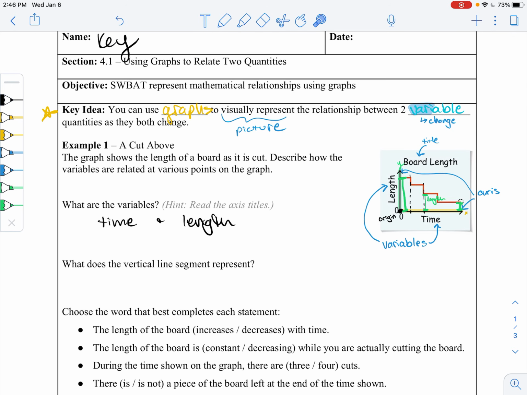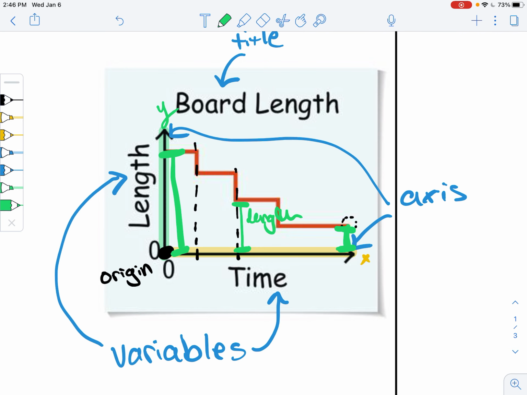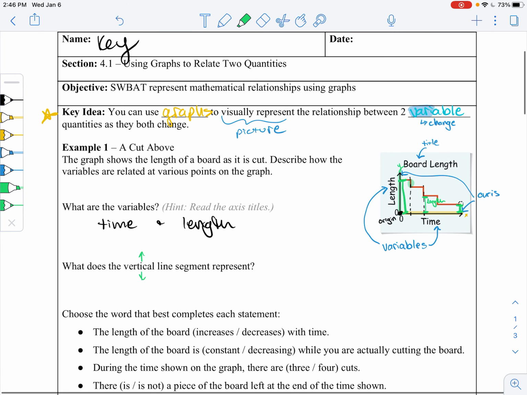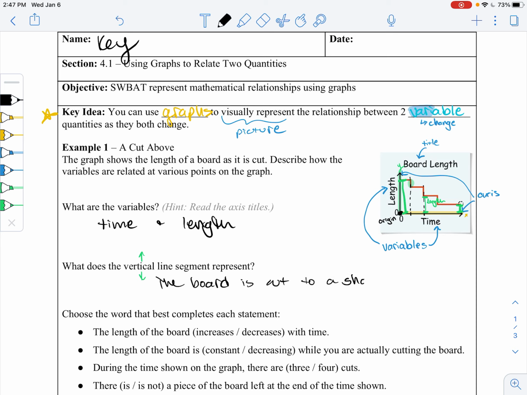Now when we have vertical lines, remember the vertical line, up and down. The vertical line segment in our graph is whenever we had a point like this. What happens there? That's when we cut. So whenever the board is cut to a shorter length, that's what happens when the graph just gets shorter like that.